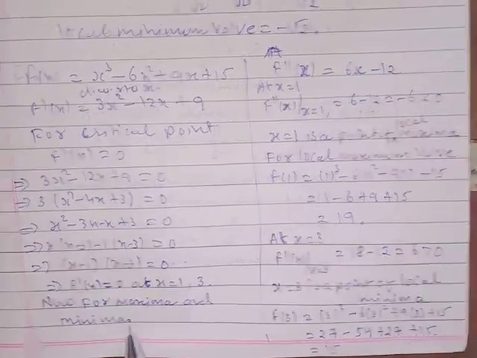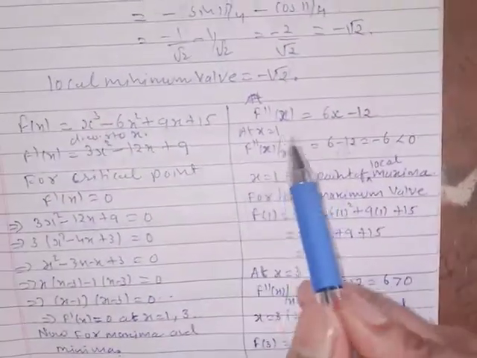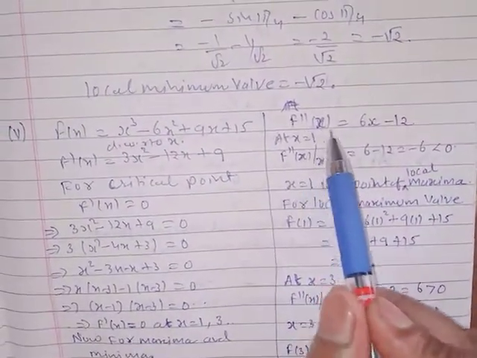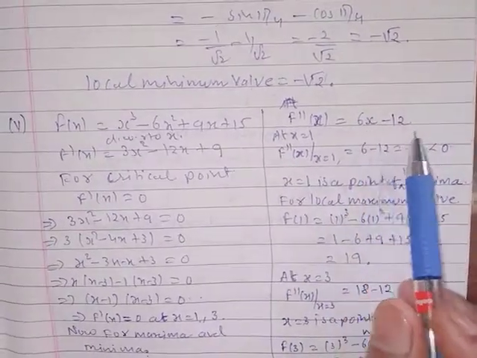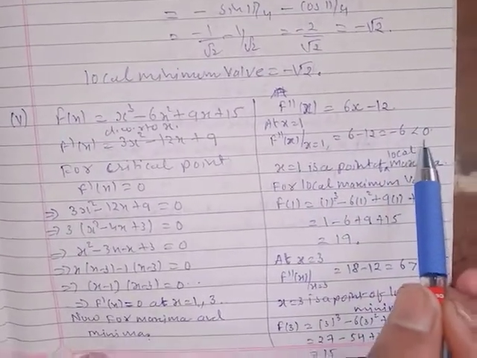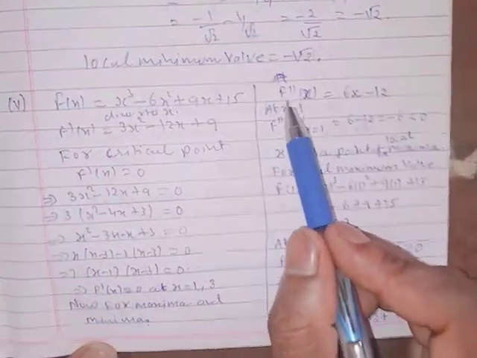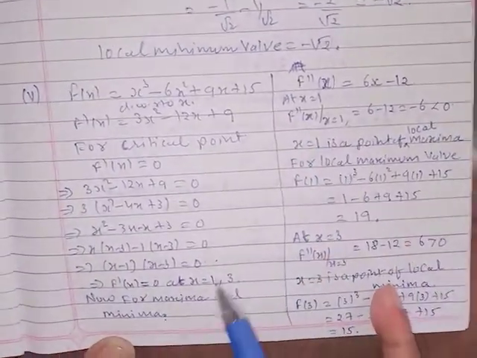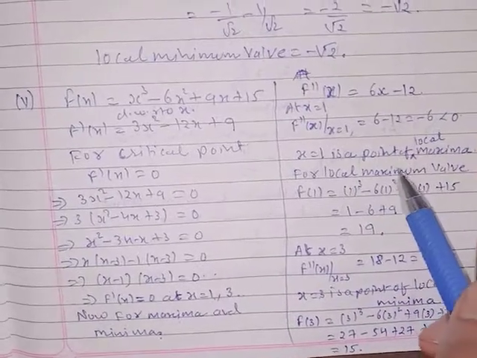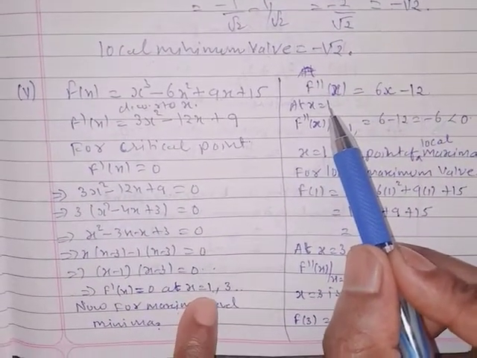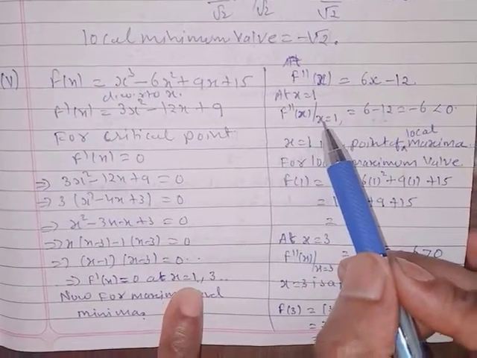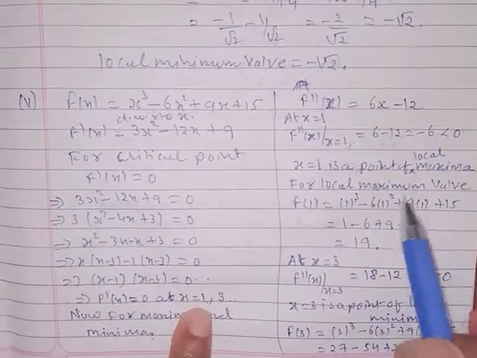Now you substitute. Check f double dash at the critical points. At x is equal to 1, f double dash is equal to minus 6, which is less than 0.